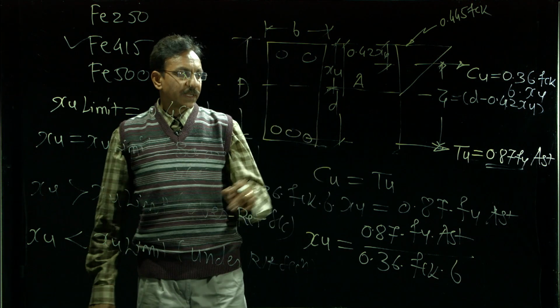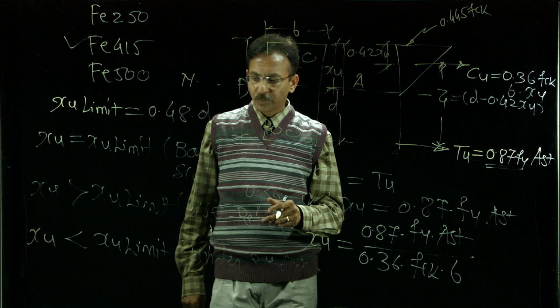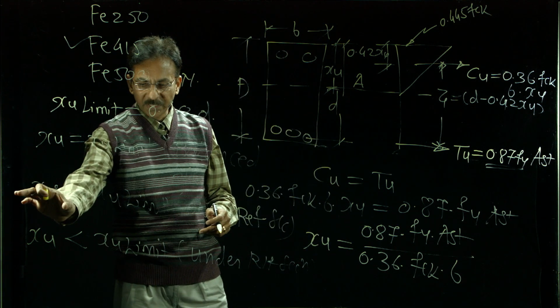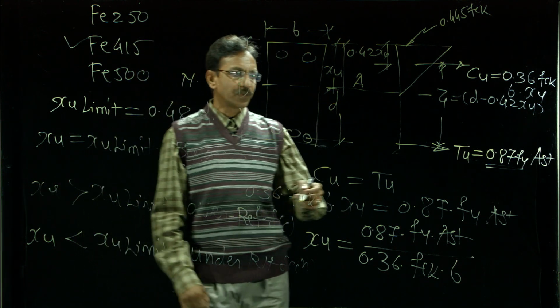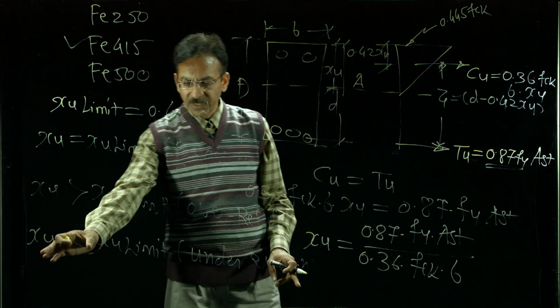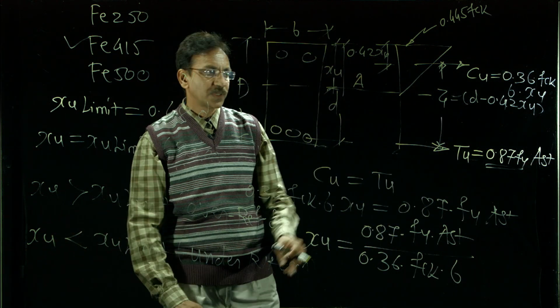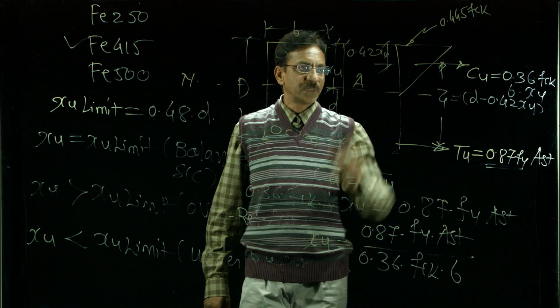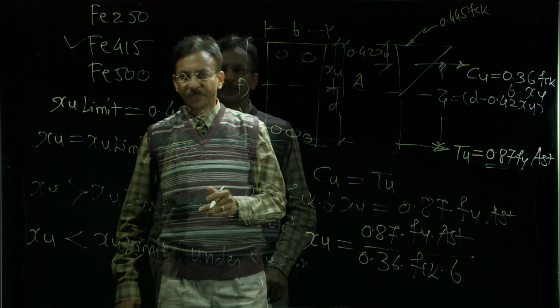Then you calculate the total moment of resistance. If it is under reinforced, Mr is equal to C into Z, and if it is over reinforced, then it is T into Z.